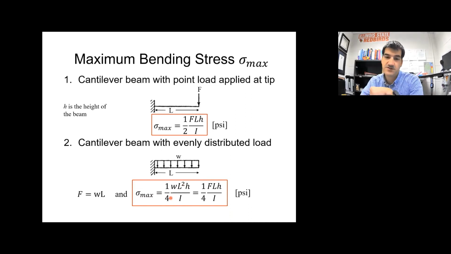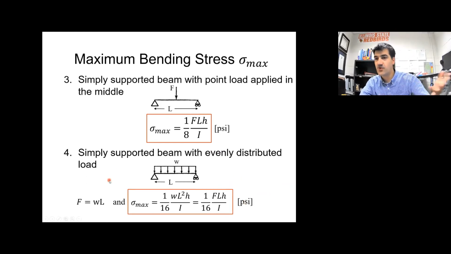You can always use the combination of this equation and this equation, which I think is more intuitive and easier. So that F that you calculate right here, plug that in right here. And your constant value right here is 1/4. So it's 1/2 for a cantilever beam with a point load. It's 1/4 for a cantilever beam with a uniformly distributed load. And of course, our units are PSI.